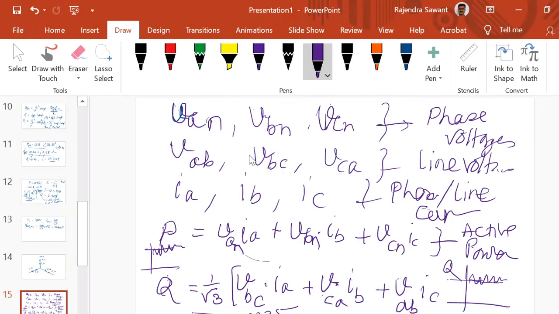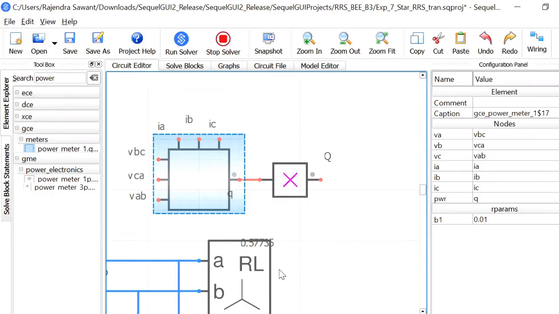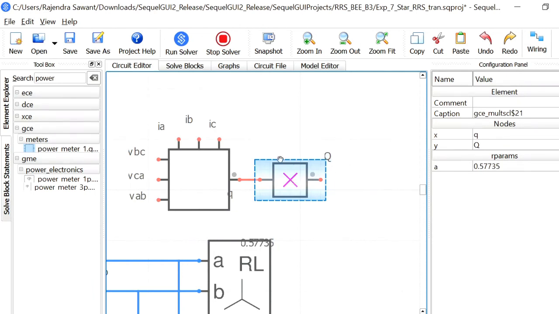So that is 0.57735. Because of that requirement, we have taken one scaling multiplication block, the MULTSCL block. You can find it here.